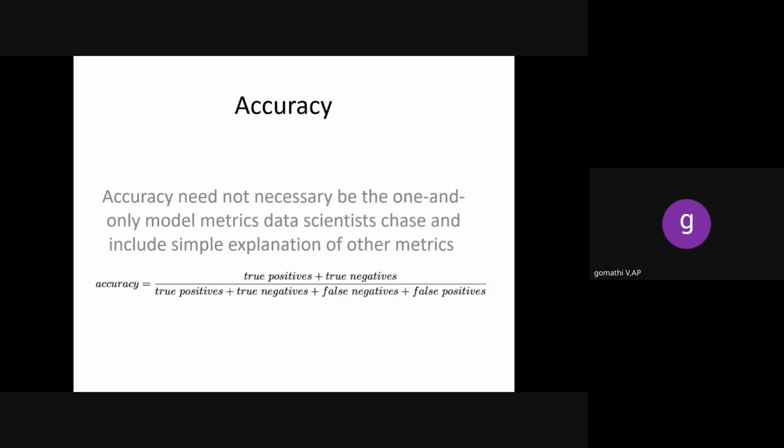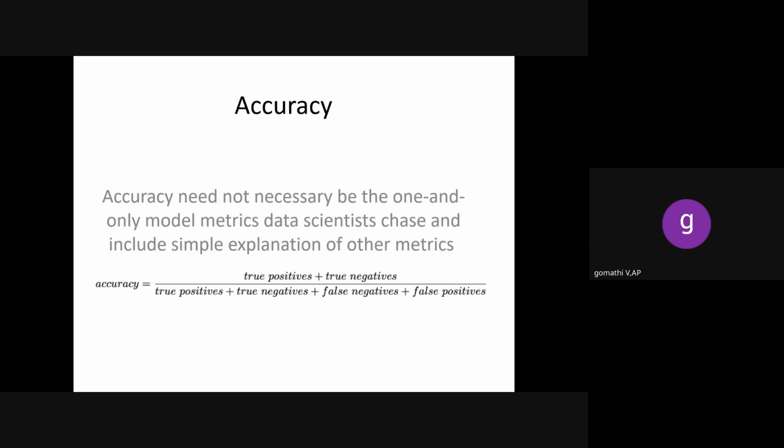The metrics used in classification include accuracy, then the F1 score, and finally a table, that is the confusion matrix. The last one is the ROC curve. First one, accuracy.